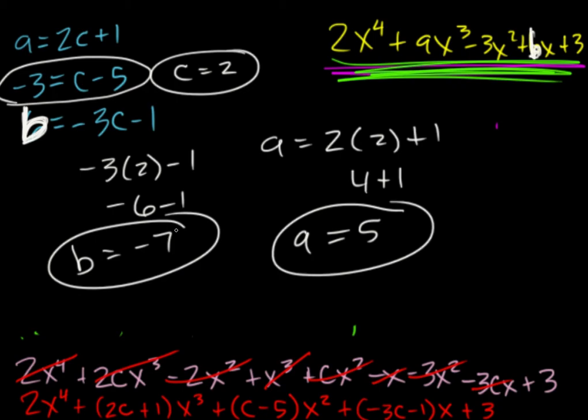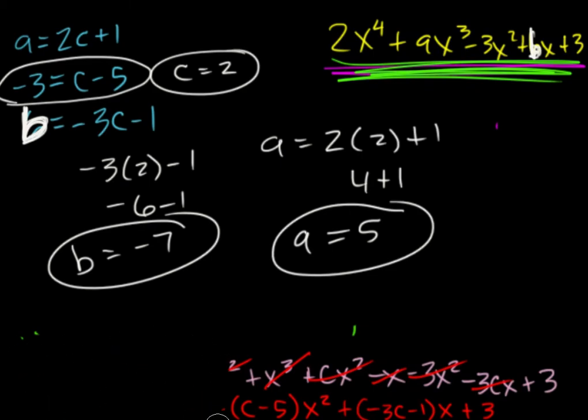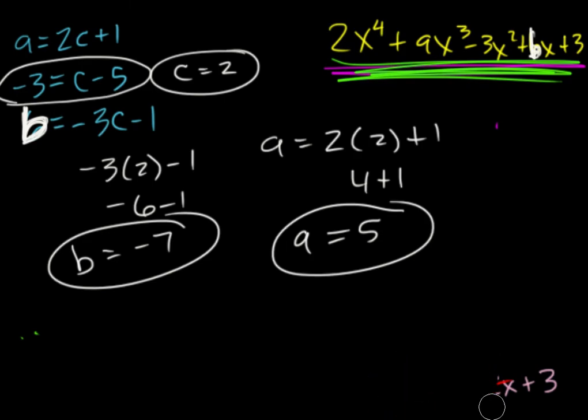Let's see, find the constants. Oh, and then they want us to find all the zeros. So we're done with the constants. If we go back, I erased it, but I'll write it down again.